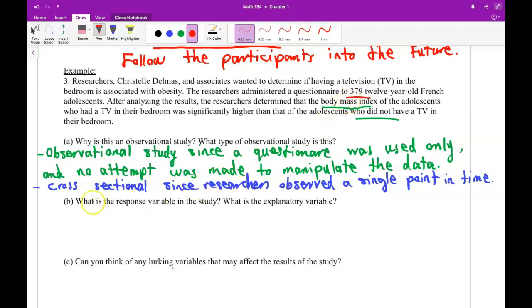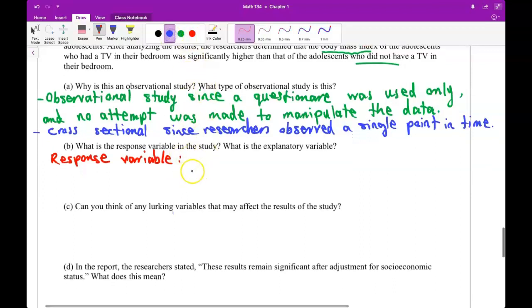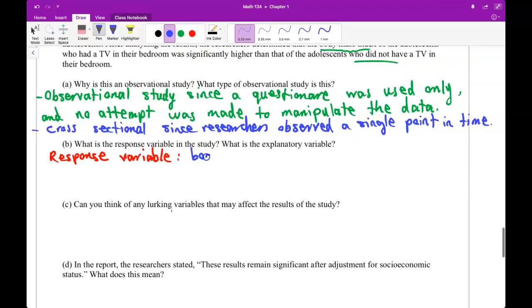First, writing response: it is body mass index.